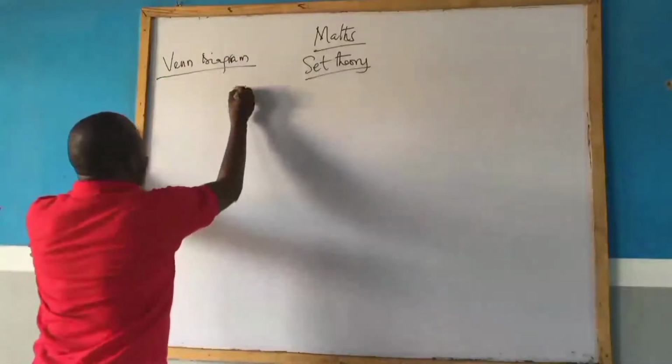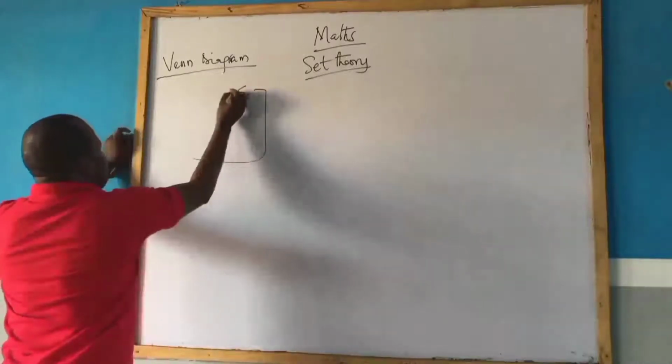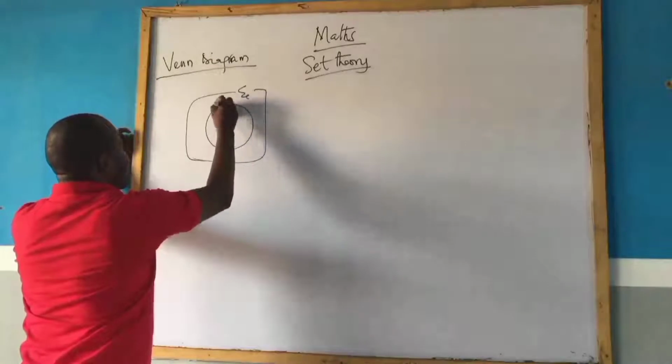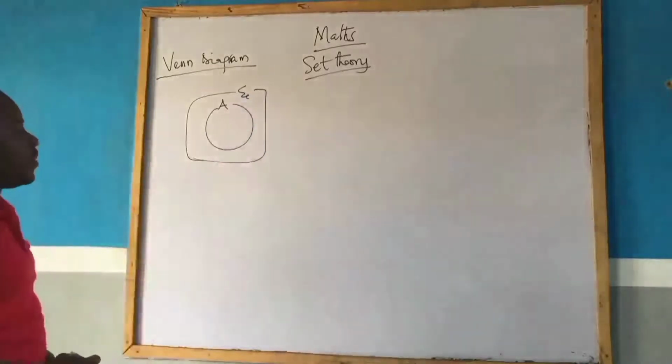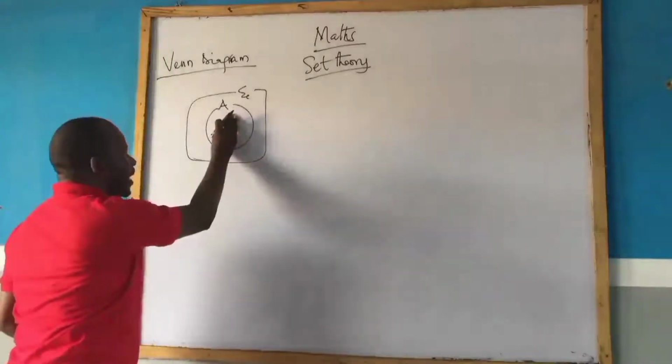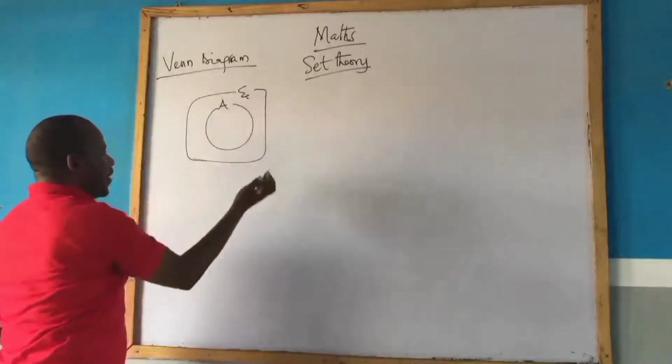For instance, if I have a set and it has only one subset, this Venn diagram would show elements that are in the subset A and in the universal set.